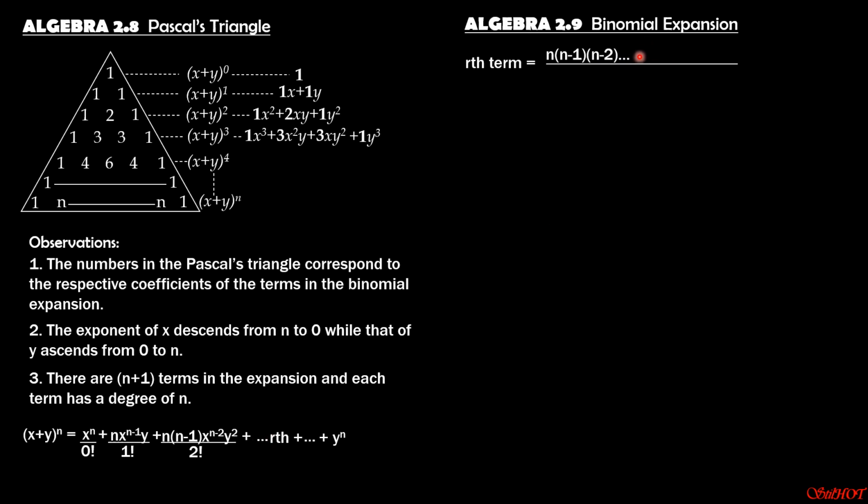What should be the expression here where it ends? So for example, if this is the third term, it ends at n minus 1. So if this is the r term, where should it end?